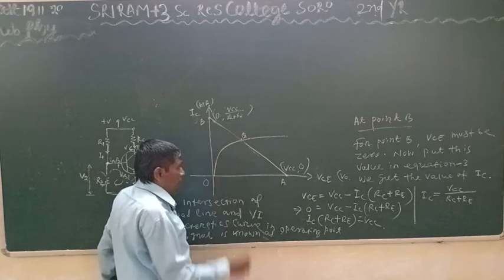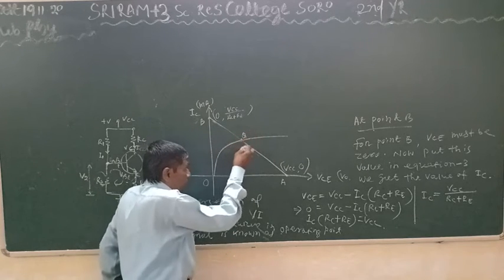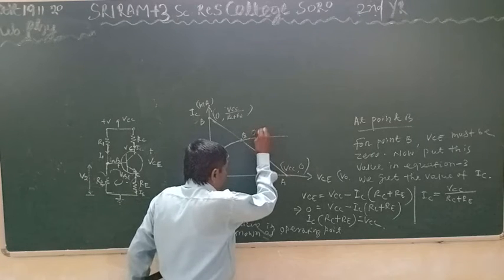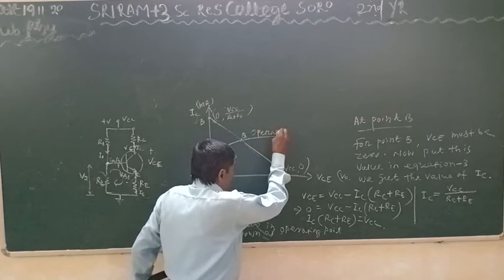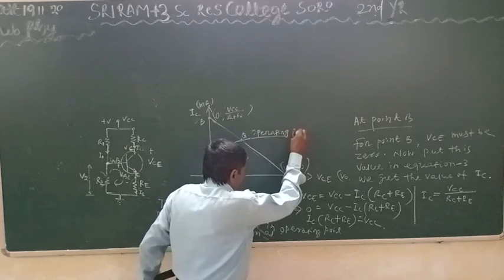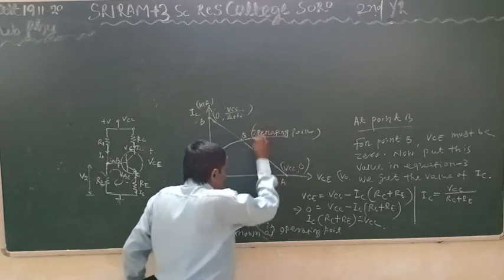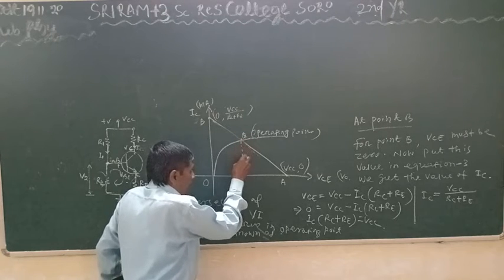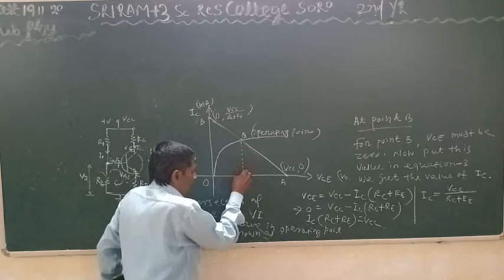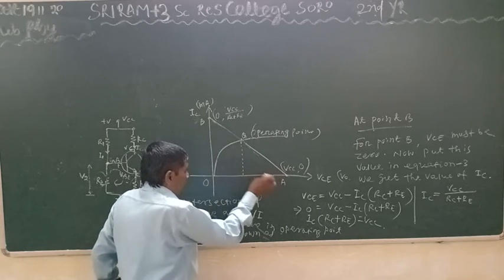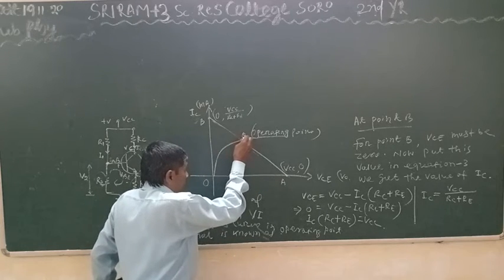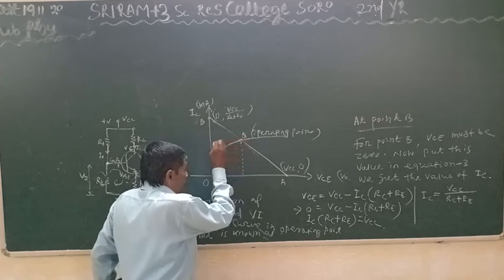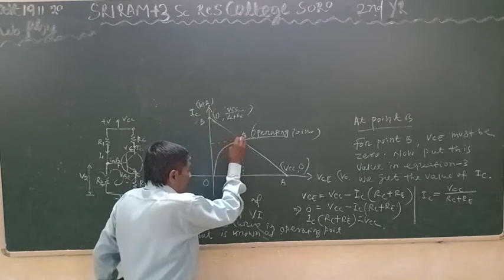So this intersection point is the operating point or Q point. So here we draw a perpendicular line towards the VCE axis or x axis, and from this Q point we draw a perpendicular line to the y axis.